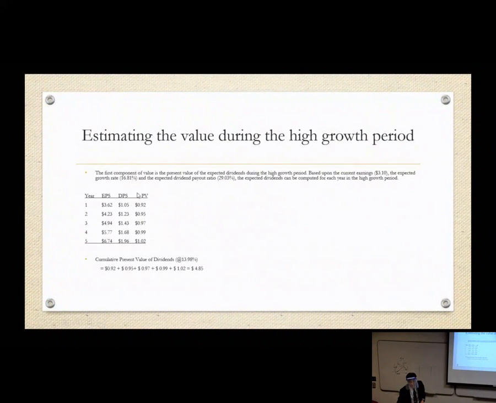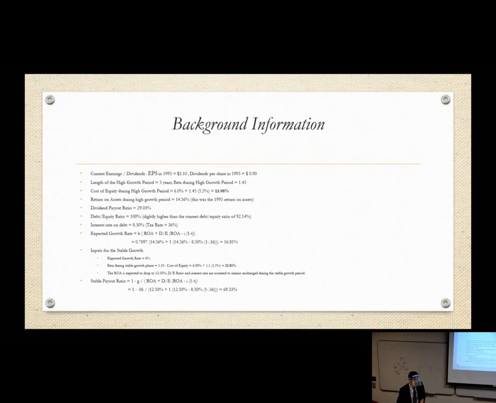Actually, year 6 is the first year of your terminal time period, or stable growth time period, right? And you start with this 6.74, multiply by 1 plus the low growth rate, or constant growth rate, in the terminal time period, and then divide by the cost of equity minus the low growth rate.